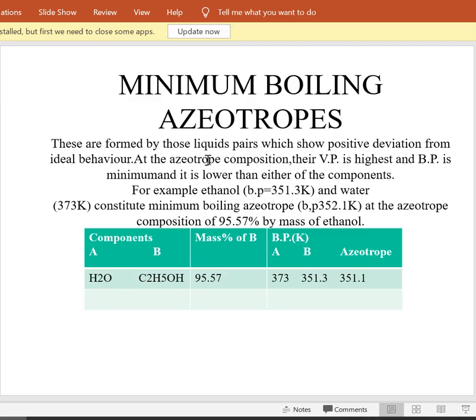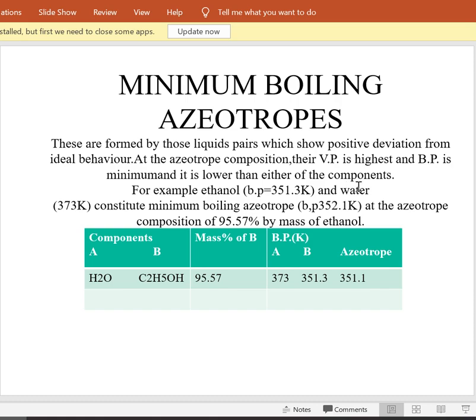At the azeotrope composition, the vapor pressure is highest and the boiling point is minimum, and it is lower than either of the components.